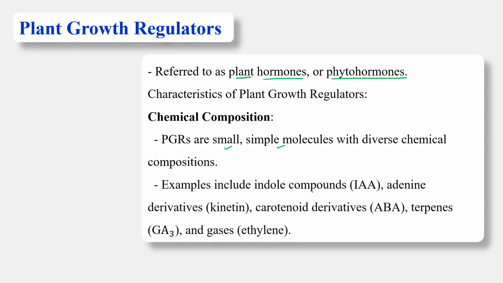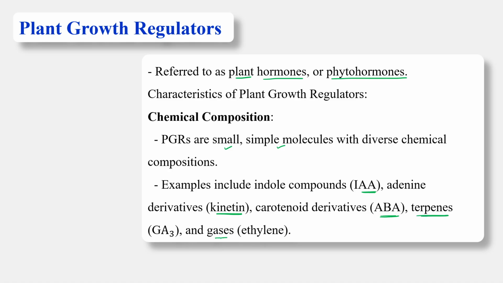Some are indole compounds like indole acetic acid, IAA. Some are adenine derivatives like kinetin; it is an adenine derivative. Certain carotenoid derivatives also act as growth hormones, like ABA. Some, like gibberellin, GA3, are terpenes.